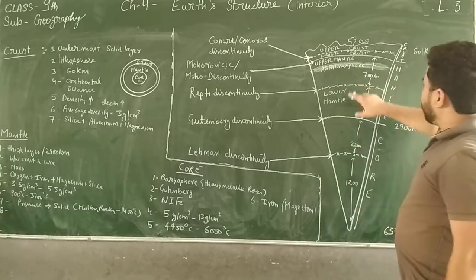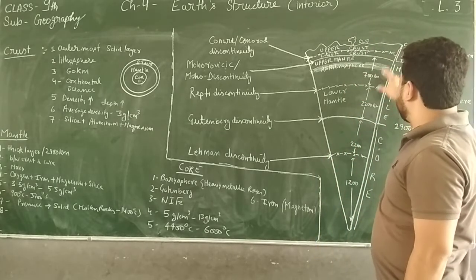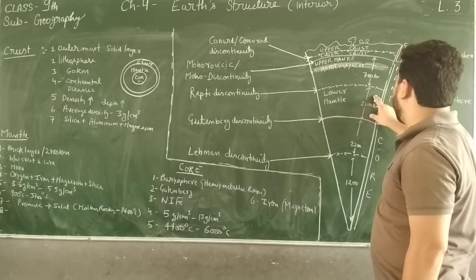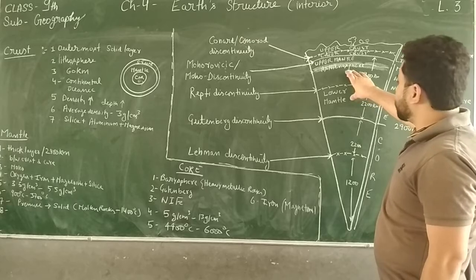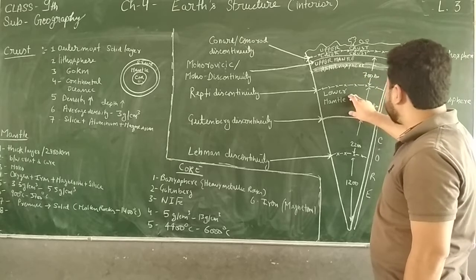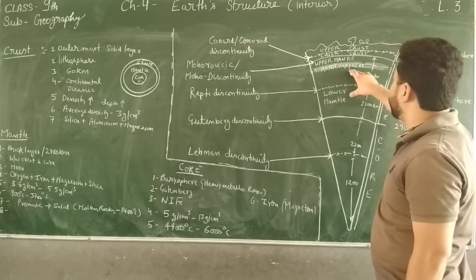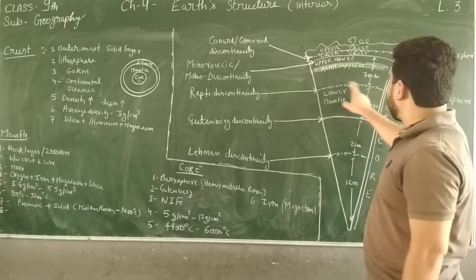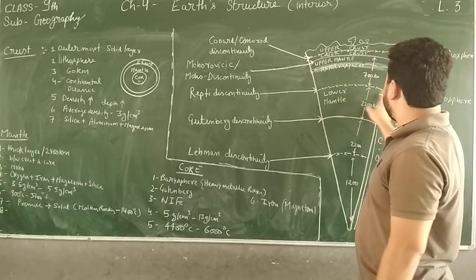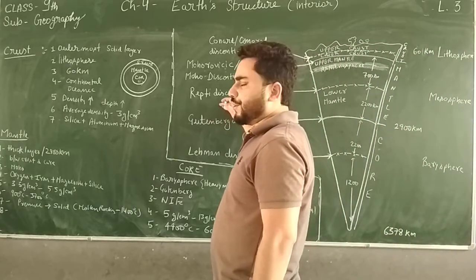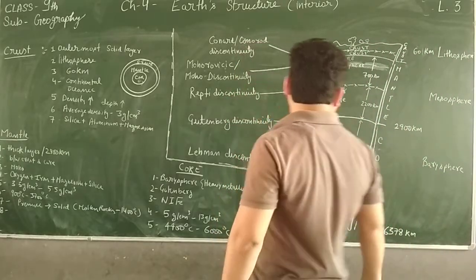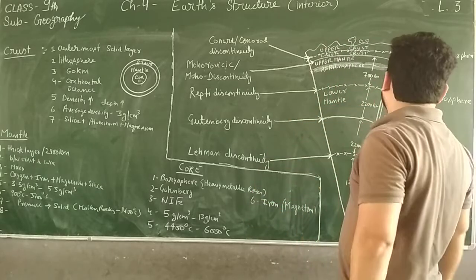We have studied that this is 700 kilometer wide and this is 2200 kilometer wide, the lower mantle. The discontinuity: this is more dense and this is less dense. So here the properties are changing, and this layer where the properties of the mantle change is called the Repetti discontinuity.